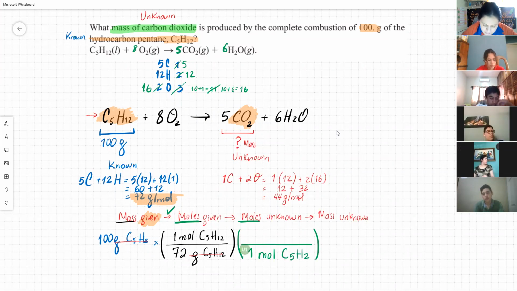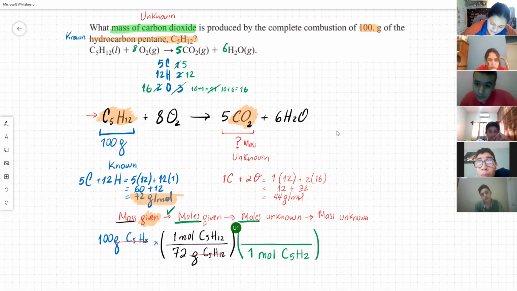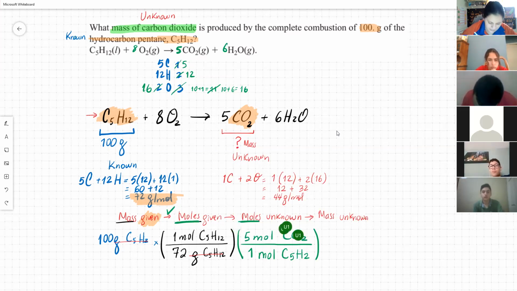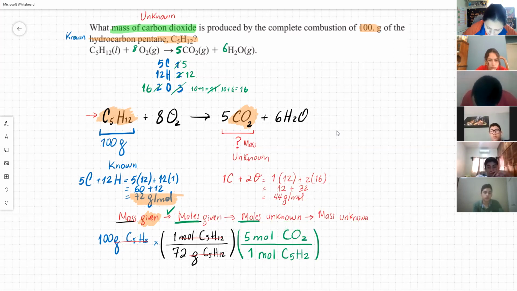And my moles unknown that are CO2. How many moles of CO2 am I going to put above? 5. Exactly. 5 moles CO2. So now we can cancel these moles with these other moles, okay? So we accomplished the second step.